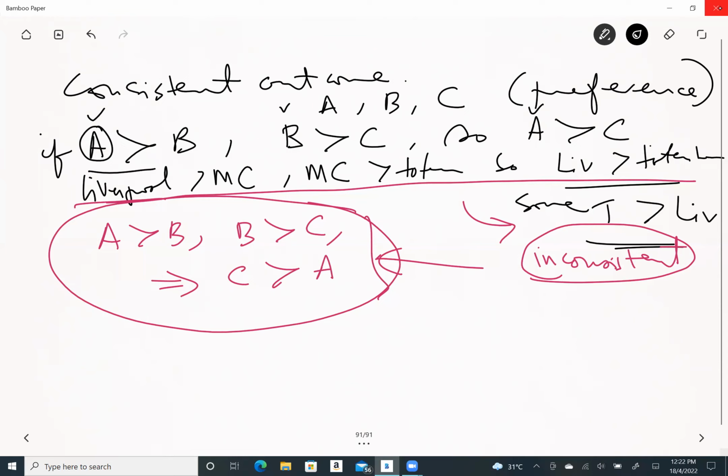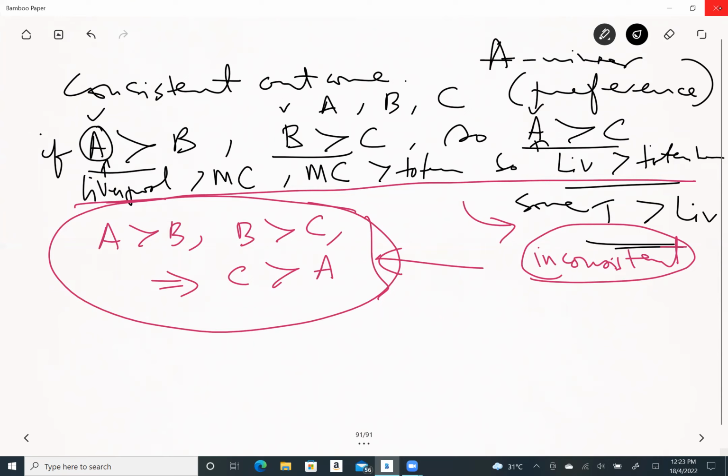This is 1, this is 2, this is 3. So who gets elected? A, because A wins twice. A wins against B and A wins against C. So A will be the winner.